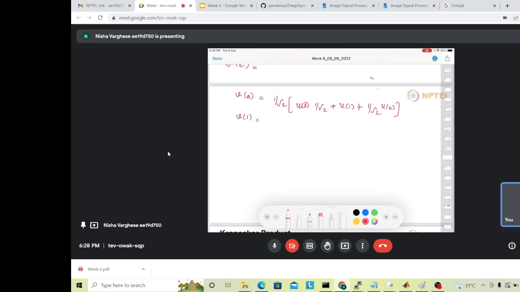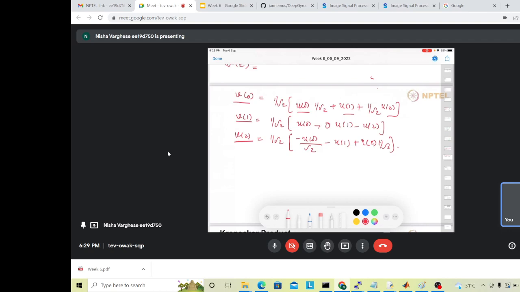V of 1 is 1 by root 2 U of 0 plus 0 into U of 1 minus 1 by root 2 U of 2. V of 2 is equal to... So these are only substitution, simple, but it may take some time, that's all. So you can represent V0, V1, V2 in terms of U0, U1 and U2, right?